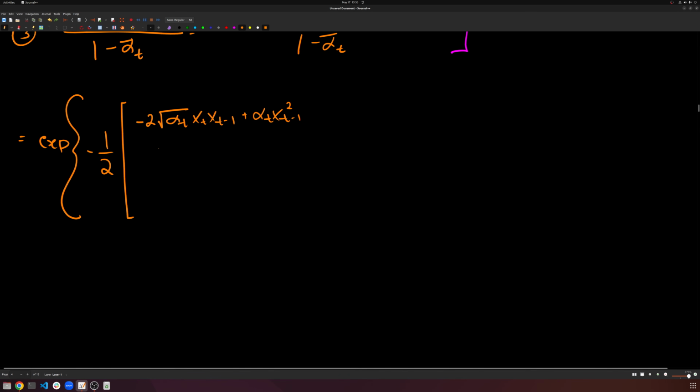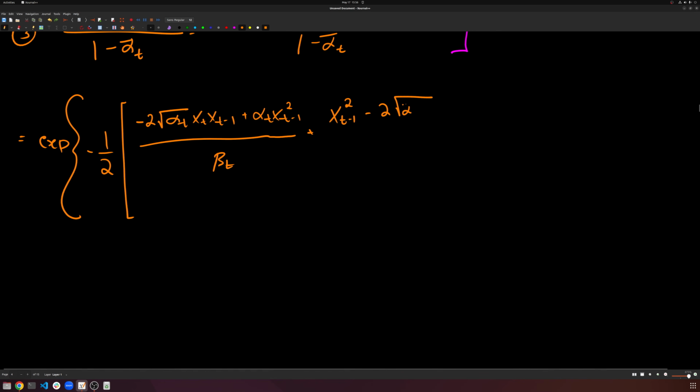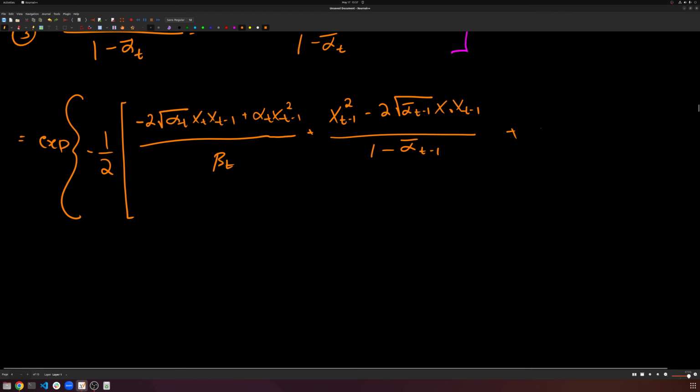And of course, all of this stuff was divided by our beta t from earlier. We have plus the second term. We're going to have xt minus 1 squared minus 2 square root alpha hat t minus 1 x0 xt minus 1, and then, of course, we had the 1 minus alpha hat t minus 1. And then we just have some plus c at the end.